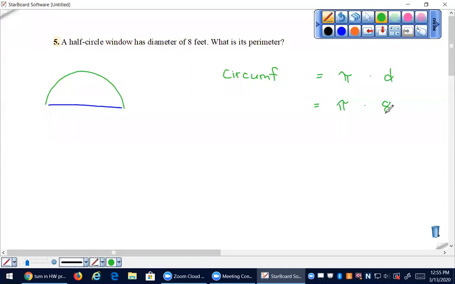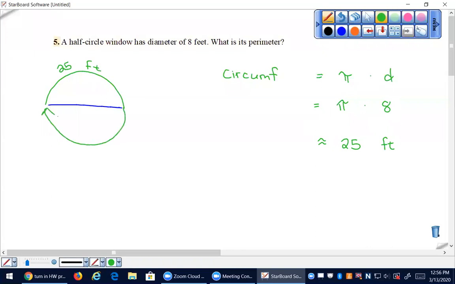So, yeah, this is the turn-in homework. So about 25, not square feet, just feet. So that's this green distance as I go all the way around.